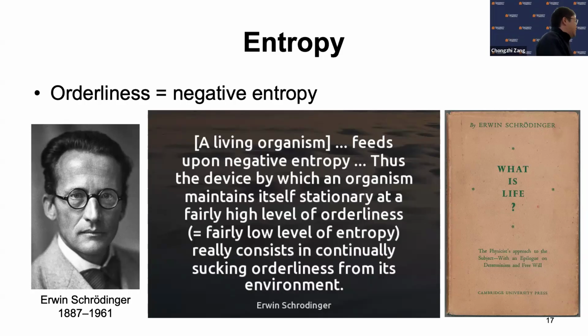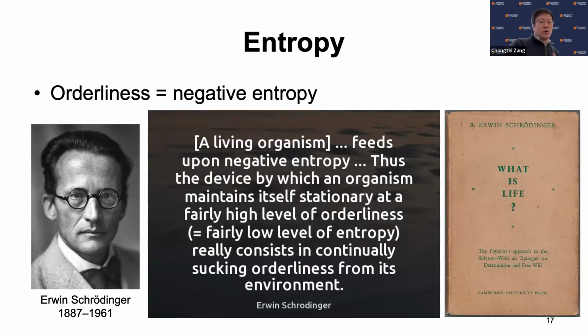So entropy itself is a way of measuring how close a system is to equilibrium. So there's no information in there, but order is the opposite concept. So all of the living systems have a very high level of orderness.